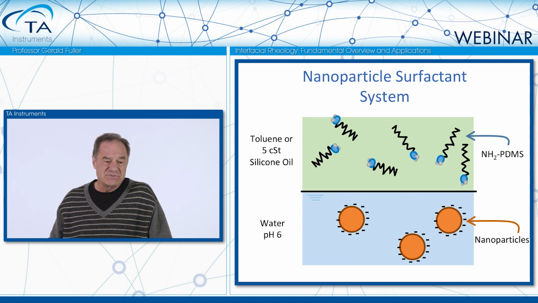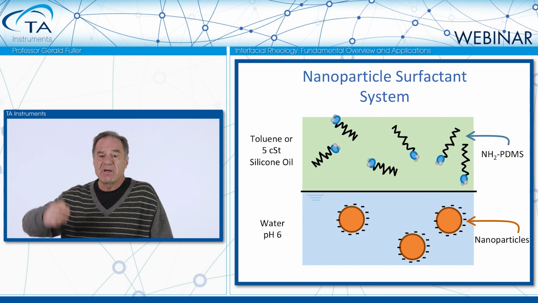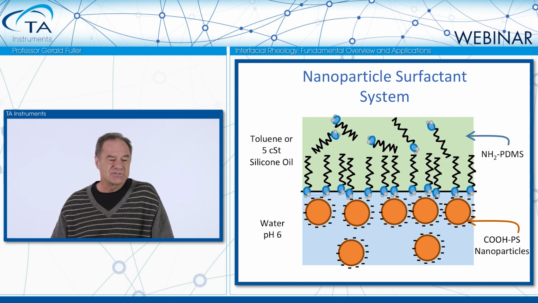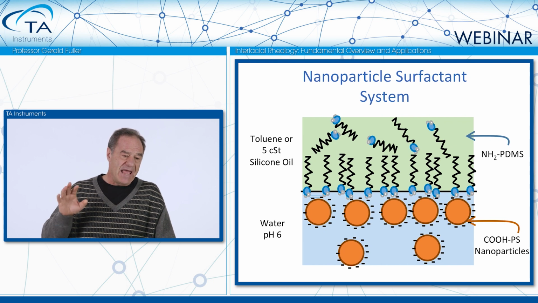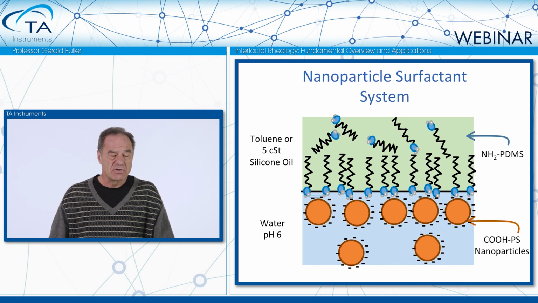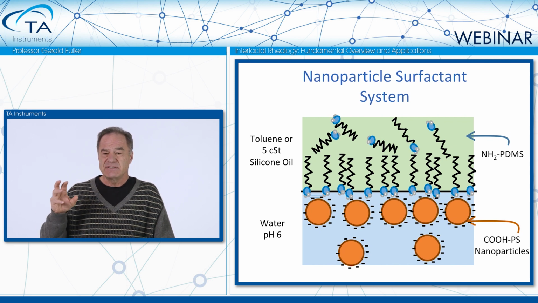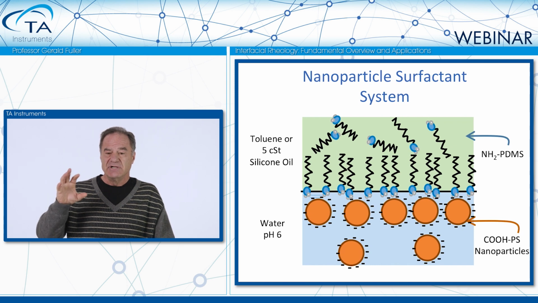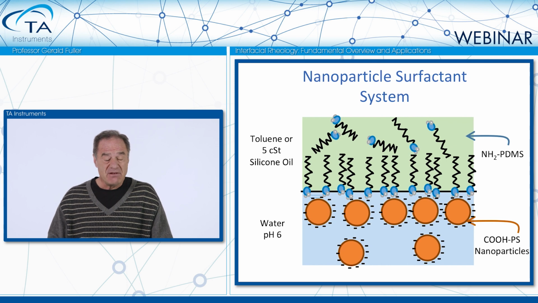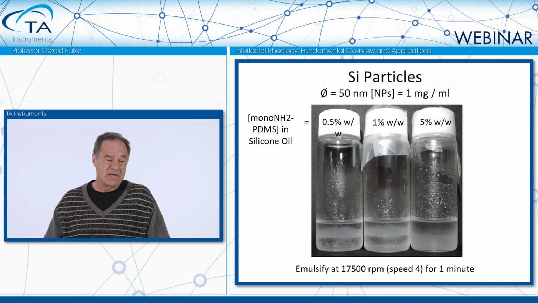In the water phase, we've got nanoparticles, silica particles or polystyrene, that swim around gleefully in the water, but they'll bump up against the interface occasionally. And when that happens, you'll get a strong association between the amine group of the polymer chains and the particles. So that's where you're creating these Janus particles. They're different on one side than they are on the water side. You get a very viscoelastic film this way.